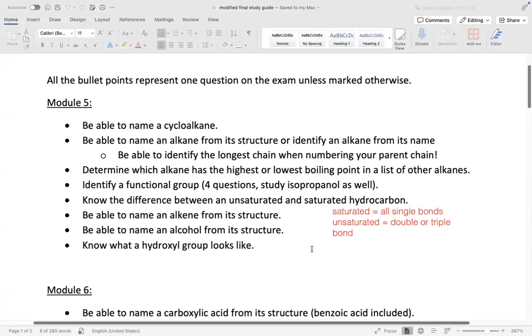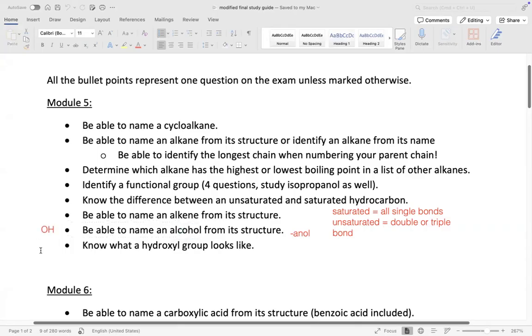Be able to name an alkene and an alcohol. I don't think we did an alcohol actually, but we did alkenes. Alcohols, it's the same way we have been naming, just the suffix is anol. Alcohols are anytime you have just an OH group present.